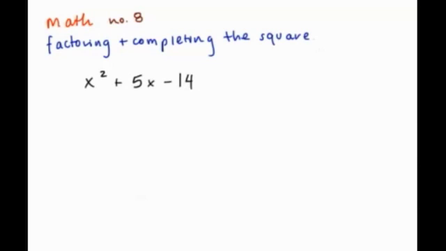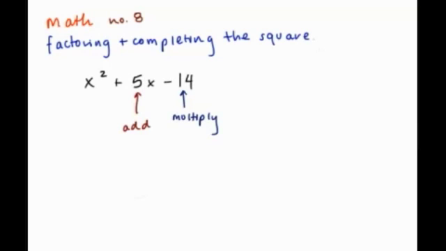Okay, so let's have a look. I already told you that there has to be two numbers that multiply to get this number. And there has to be two numbers that add to get this number. So what could that be?